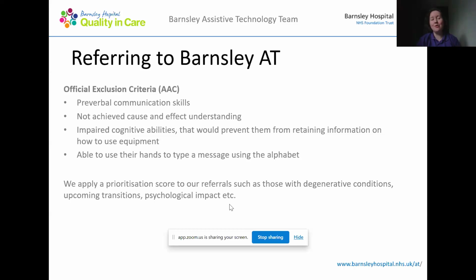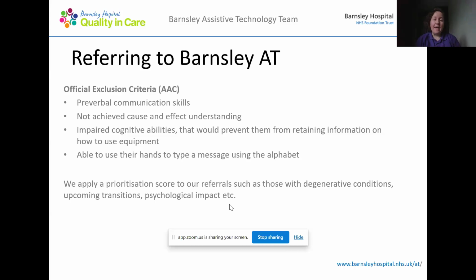Have you come across pre-verbal? It's where somebody probably has quite a severe stroke, and they're not really making communication attempts with language. They might respond to you with a bit of body language, but their understanding is at quite a lower level. They've not achieved cause and effect understanding.